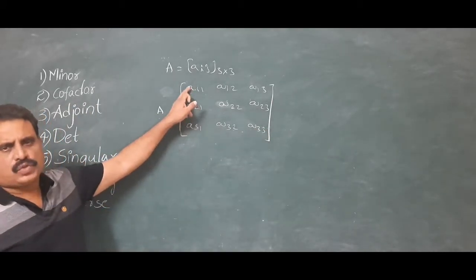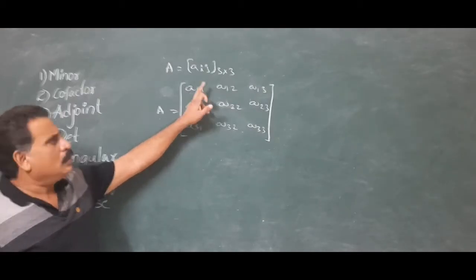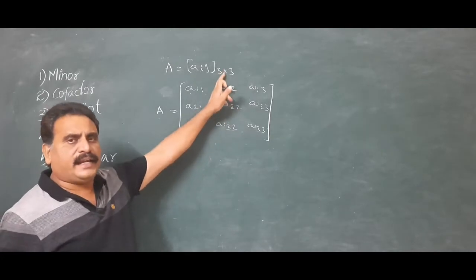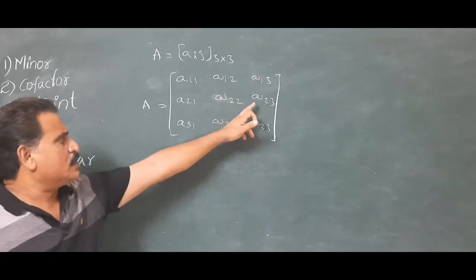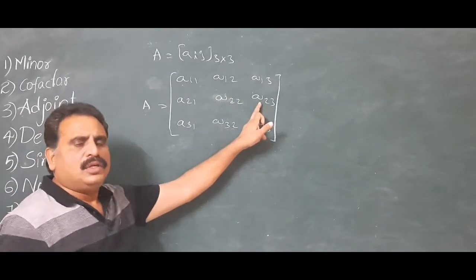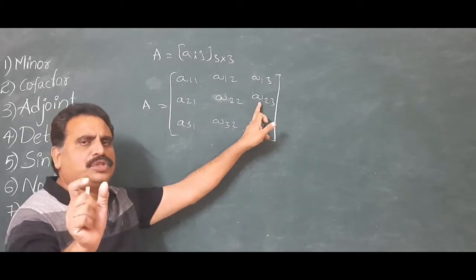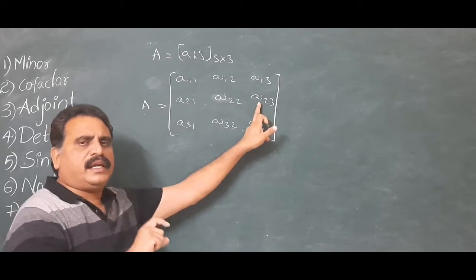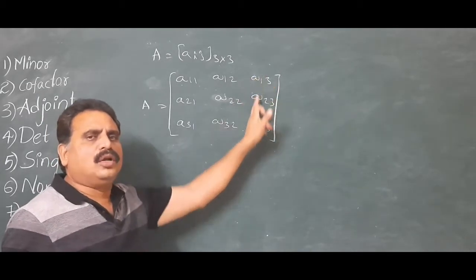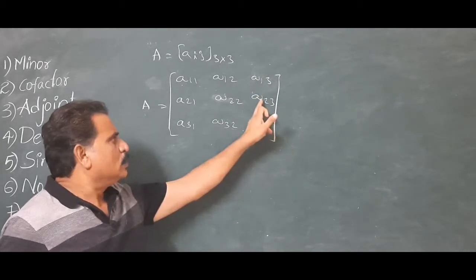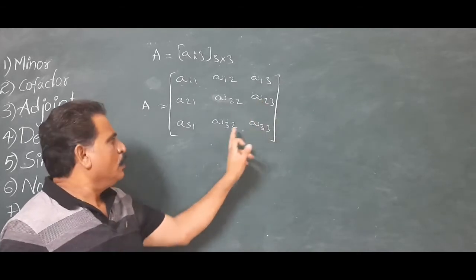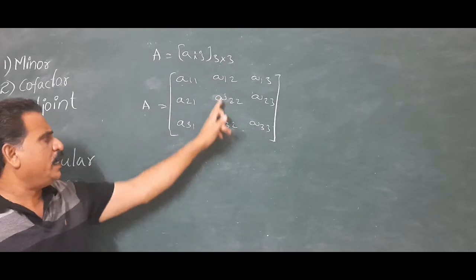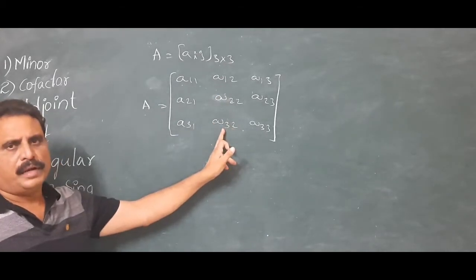A11 means first row first element. A12, first row second column element. For example, A23: the suffix 23 indicates the position of the element, that means second row third column. A32 is third row second column.